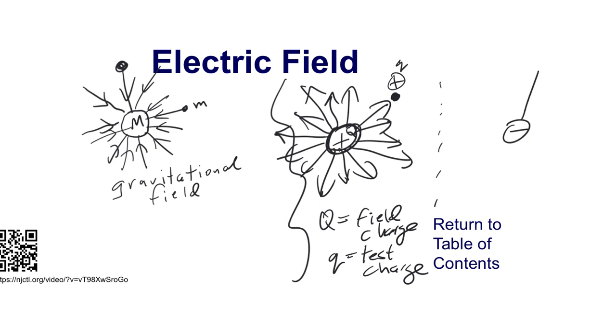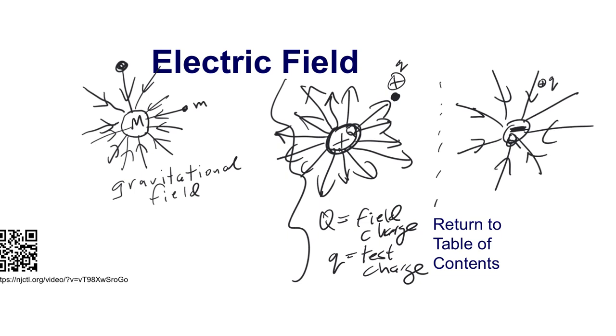In the same way, the test charge is always going to be positive, and the field charge could be plus or minus, big Q, little q the test charge. So the direction of the field lines around the negative field charge are always directed towards the center of the field charge.